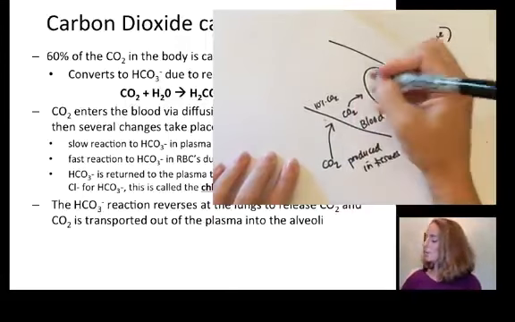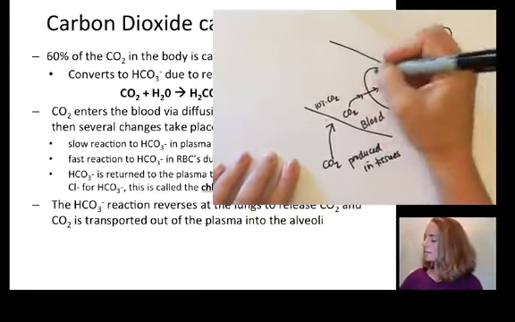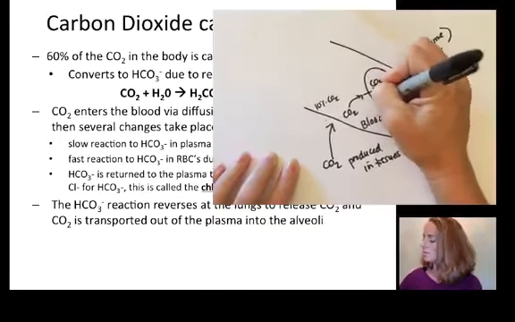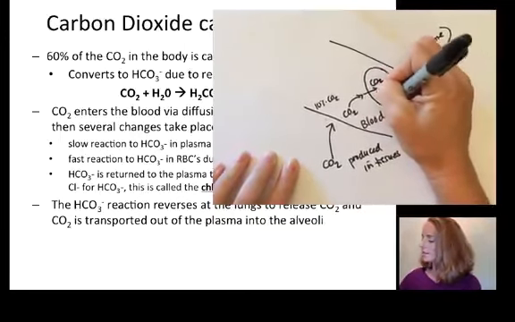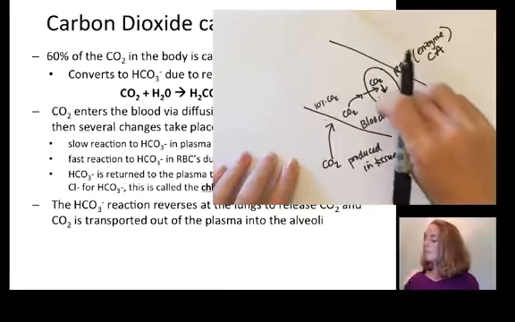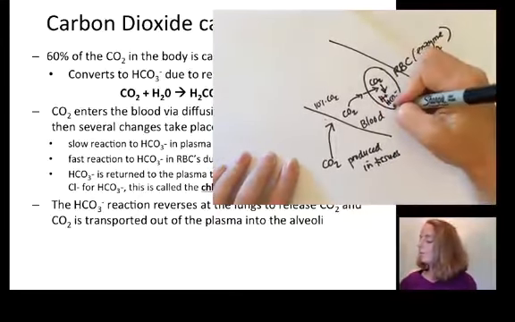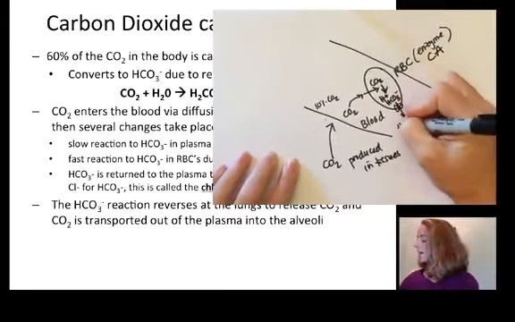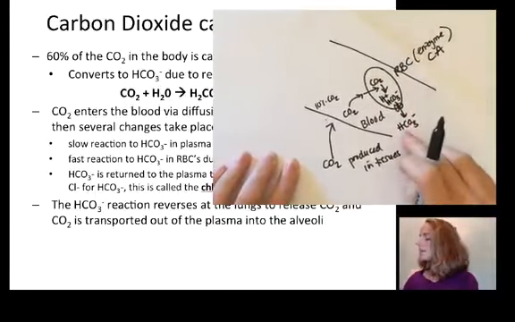That enzyme is required then to convert the CO2 into acid and bicarbonate ion. The bicarbonate ion will then go through a channel and go back into the blood.